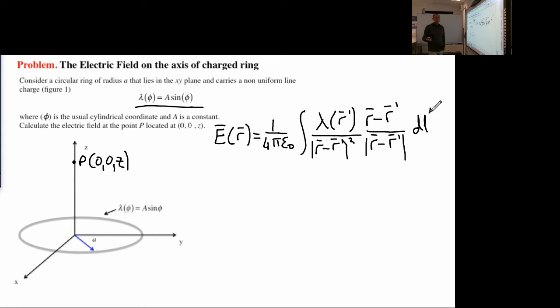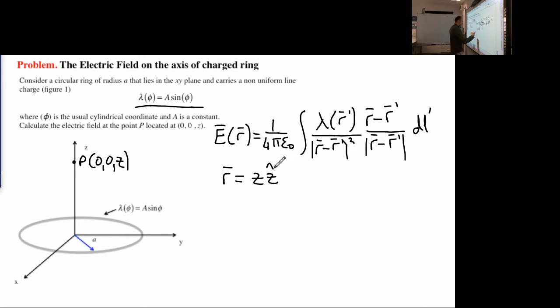Now what we want to do is write down what our source and our field vectors are. Okay, so for our field vector, which is given by R, this is going to be equal to z hat. Remember, it's that distance away from the origin. It's in the z hat direction. So now what's R prime going to be equal to?